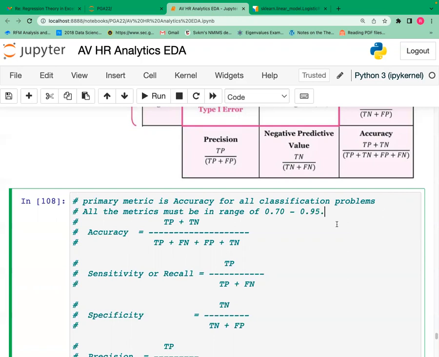Anything less than 0.70 is underfitting, anything above 0.95 will be overfitting. So 0.70 to 0.95 is the preferred range of all the classification metrics. And all of them must be closer to one another.